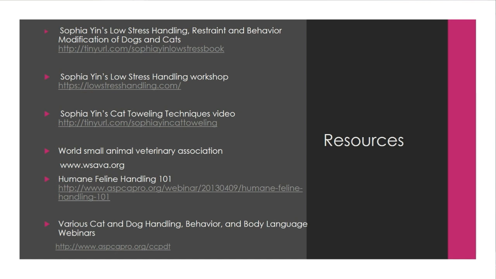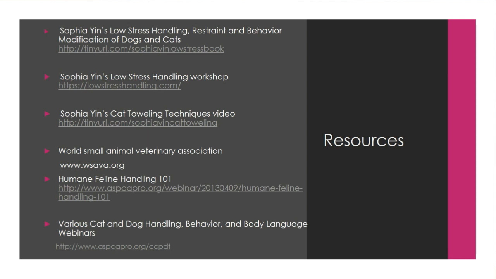So here are some great resources if you guys want to take a picture of this slide. The top 3 are Sophia Yin's, these towel wrap techniques are amazing. The World Small Animal Veterinary Association, I love this website. They have so many incredible resources there, especially their pain guidelines. If you just go to the site and go to all their guidelines, their behavioral and animal welfare guidelines are amazing.